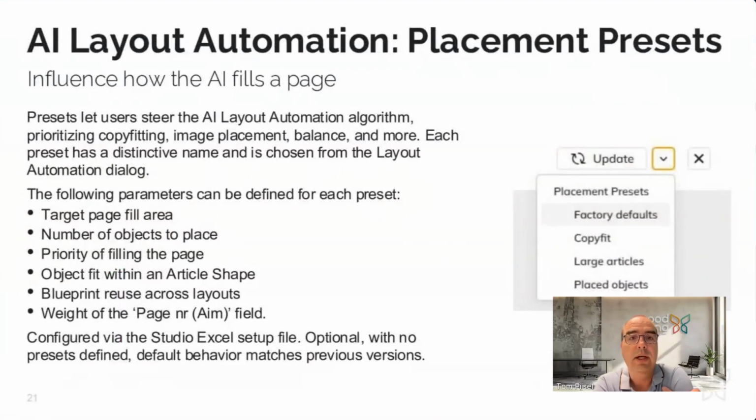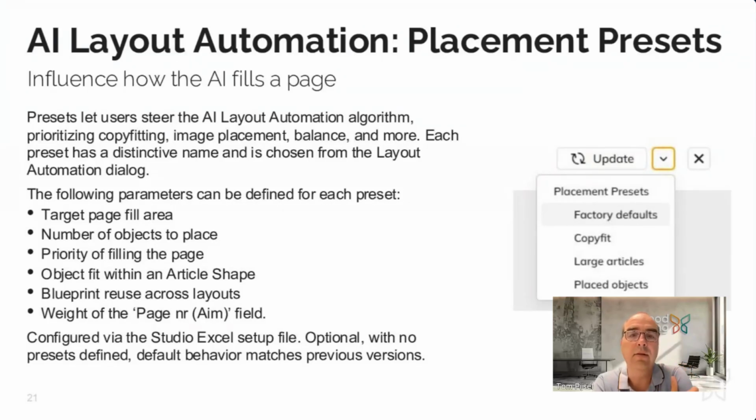And lastly, we added placement presets. As an administrator, you can create multiple placement presets, and with that you can steer the algorithm in a different direction. Let's say you're at the beginning of the production cycle and you want to place as many of the articles as possible, then you optimize for more articles instead of fitting.